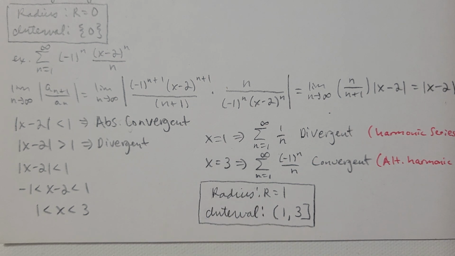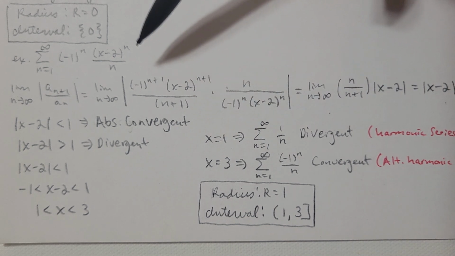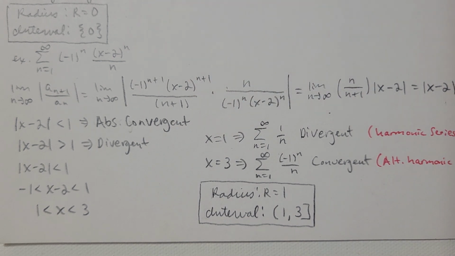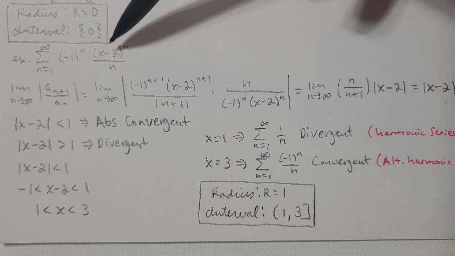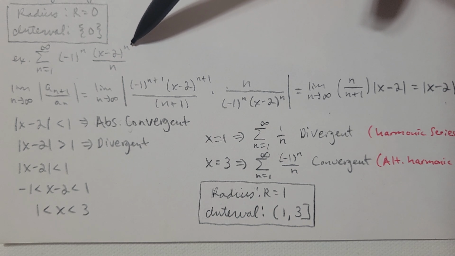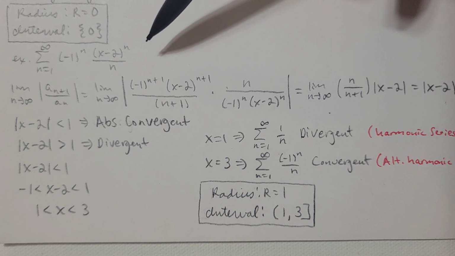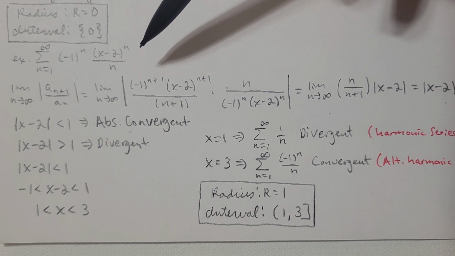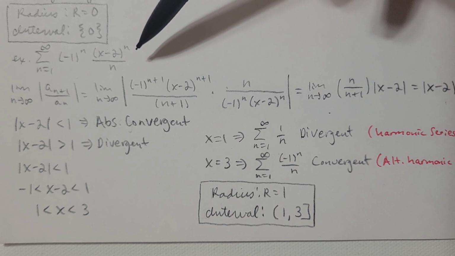So if x is 1, I'm going to plug that number back into the series. And I've got negative 1 to the n times negative 1 to the n. Negative 1 minus 2 is negative 1, to the n. That'd be negative 1 to the 2n, or negative 1 squared is 1. And 1 to any power is 1.